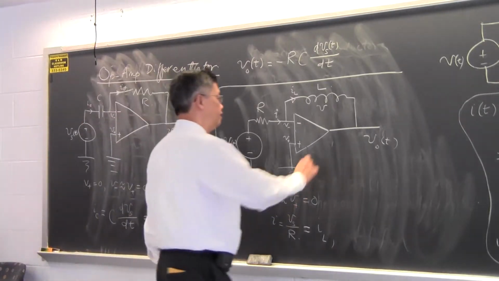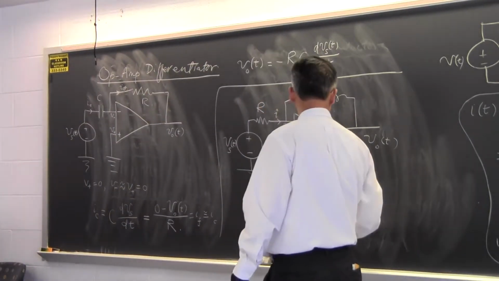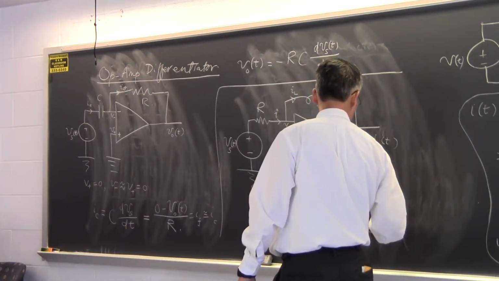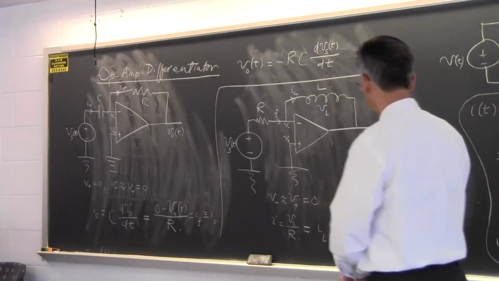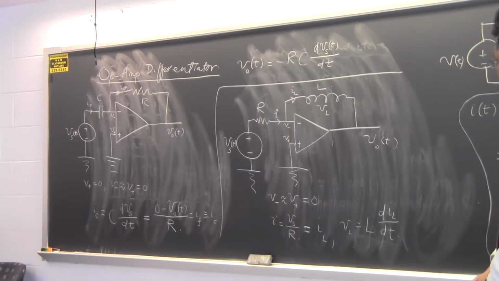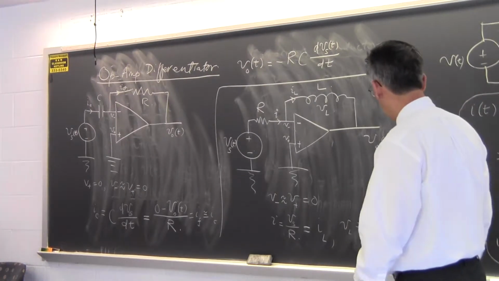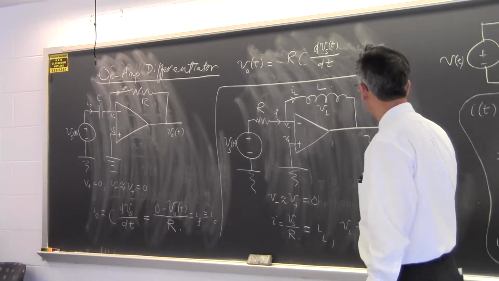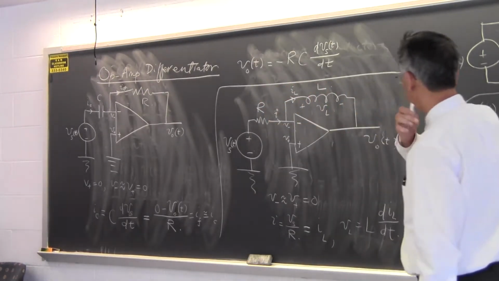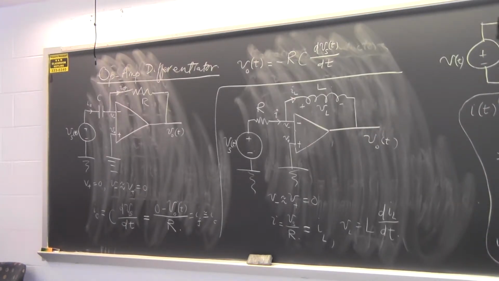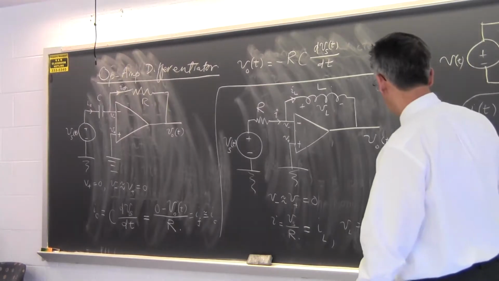But I know that the voltage for the inductor, VL, must be L dIL/dt. VL must be equal to L dI/dt, and this is the voltage drop in this manner. VL is that voltage drop in that direction. And then I have this relationship over here.